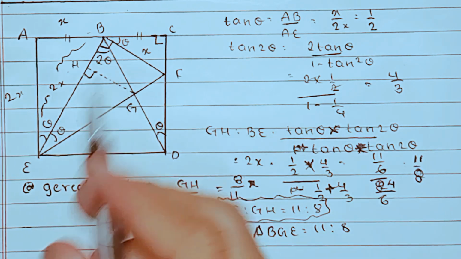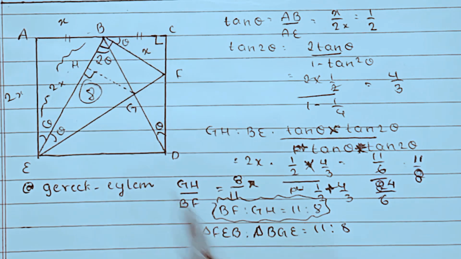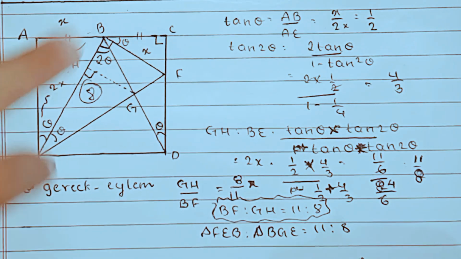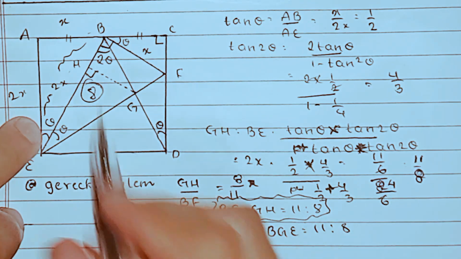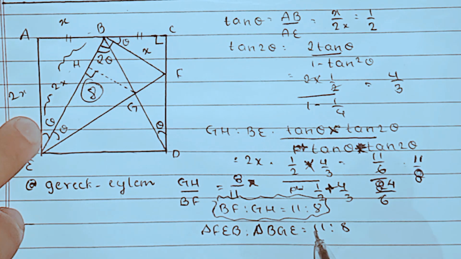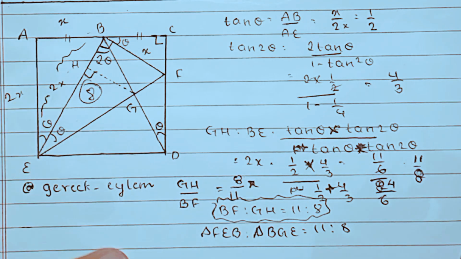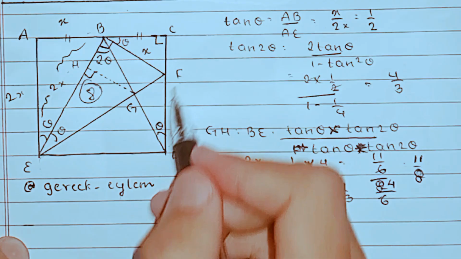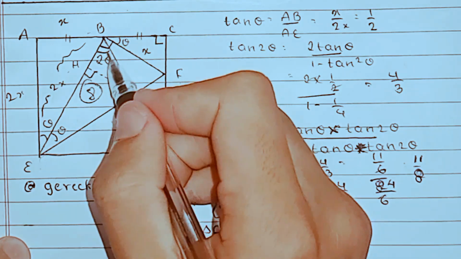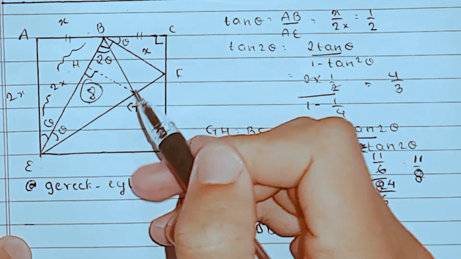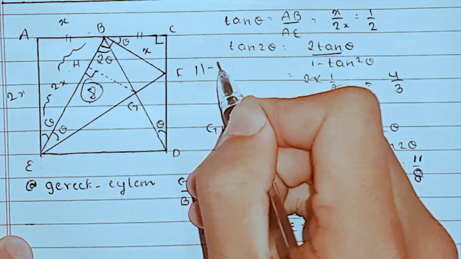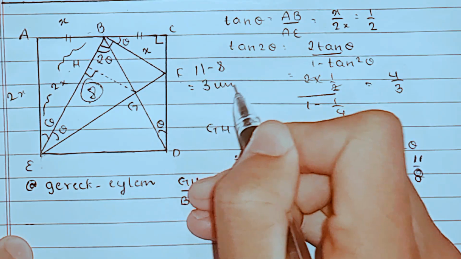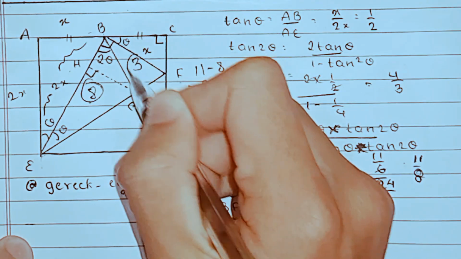As I already mentioned, the question gives that BGE has an area of 8, so these are direct simple ratios, with no other factors to cut down. So FEB, this whole area, is automatically 11. This has a total area of 11, this is 8, so the remaining area will be 11 minus 8, which is equal to 3 units. So this area right here is equal to 3 units.